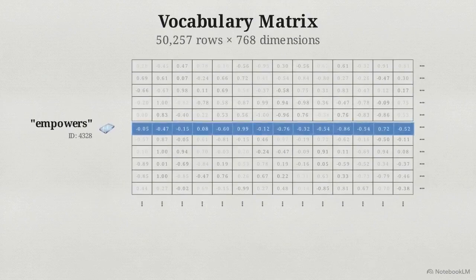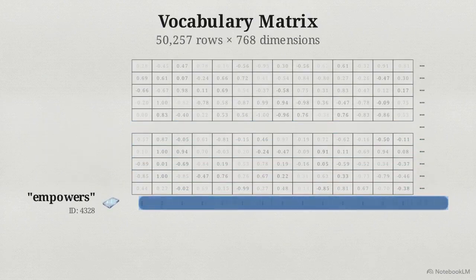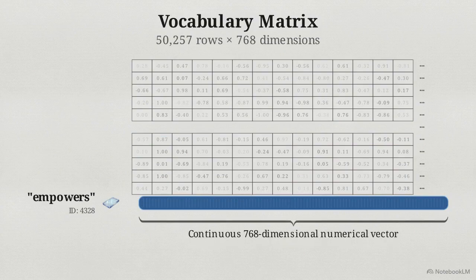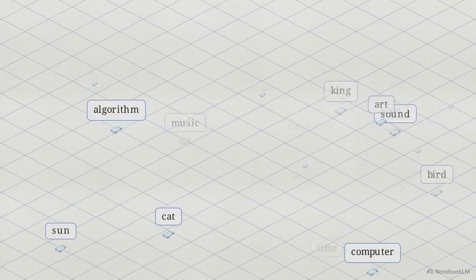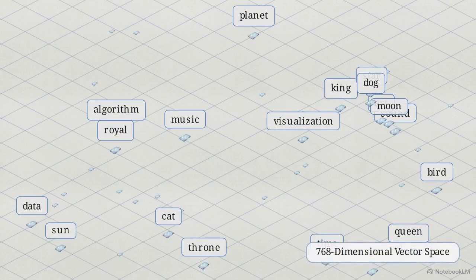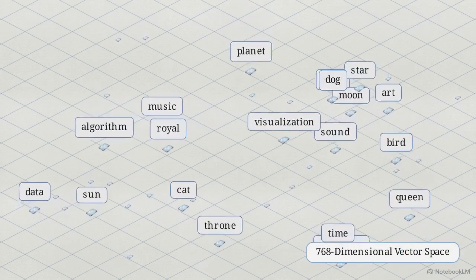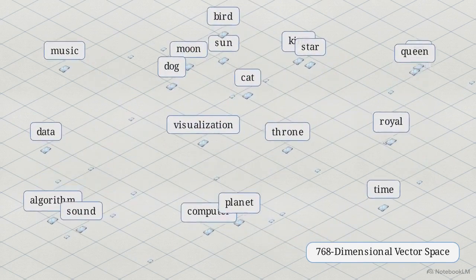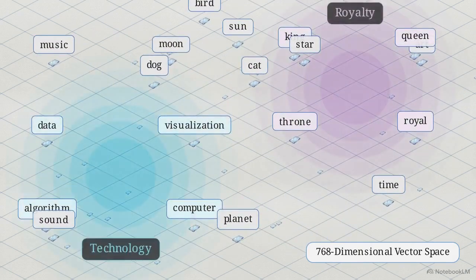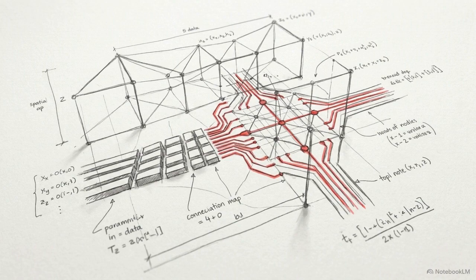Out of this massive vocabulary matrix, the token "empowers" slides out as a continuous 768-dimensional numerical vector. These 768 dimensions represent learned semantic relationships. During training, the model organizes these vectors so that words sharing contextual meanings group tightly together in vector space. The model treats these dimensions as geometric coordinates, mapping human language into a precise spatial topology.